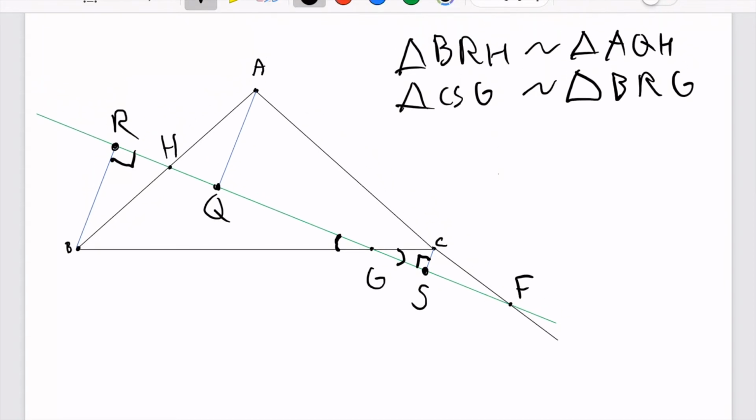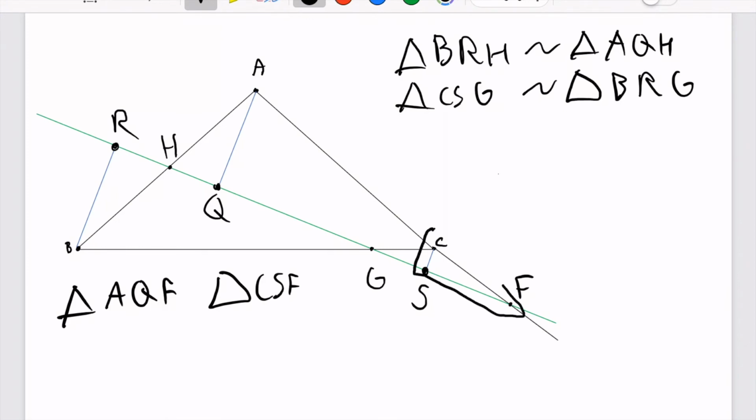We've already learned the different kinds of similarity, which I think it'll still be angle. So the last set of triangles will be triangle AQF and triangle CSF. Now, if I get rid of these little angle markers, this triangle here is CSF, and the other triangle will be AQF, which actually sort of will contain CSF.